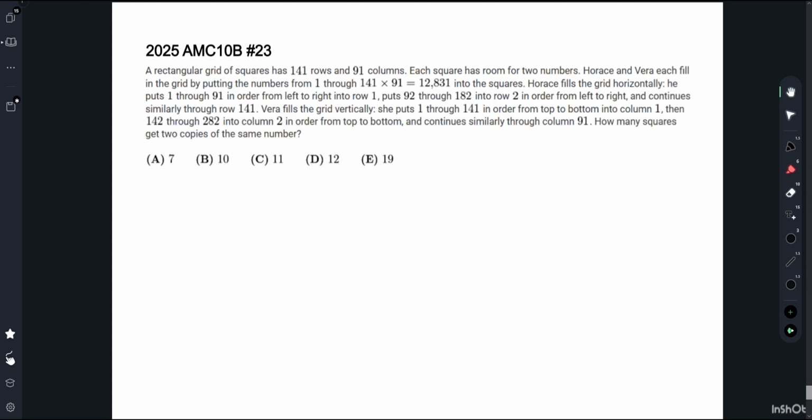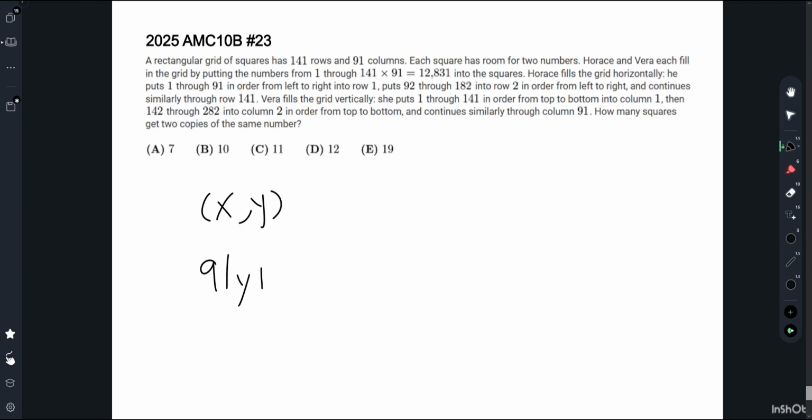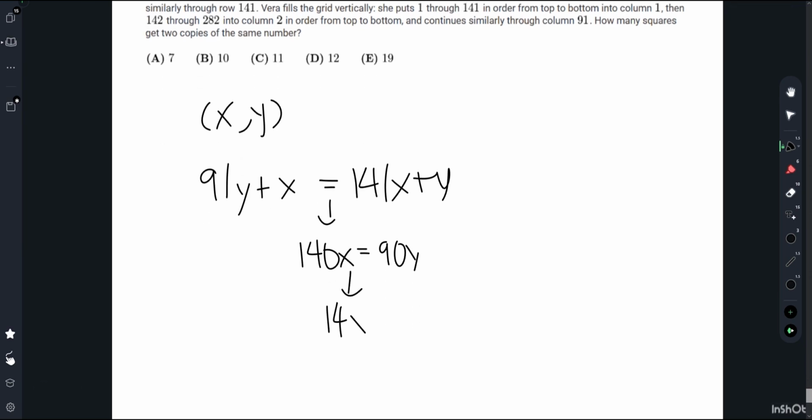So let's say the coordinates of the square are x comma y. Now Horace fills the grid 1 through 91 in order, so this is 91 times y plus x. And Vera fills it with 141x plus y. We want to set these equal to each other. So this is 140x equal to 90y. This gives us 14x equal to 9y.